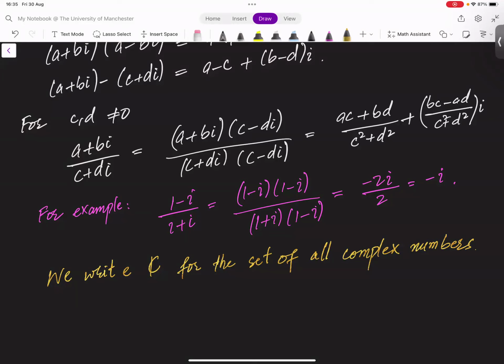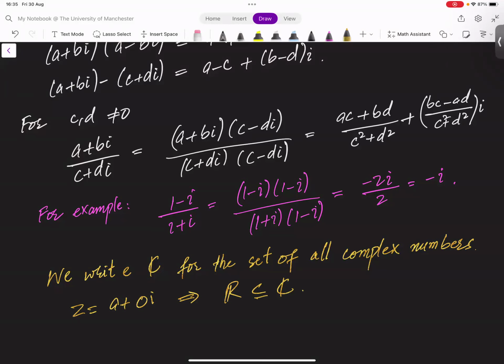And if we identify the complex number a plus 0 iota with the real a, we see that if z is a plus 0 iota, then this shows the reals are a subset inside the complex numbers.